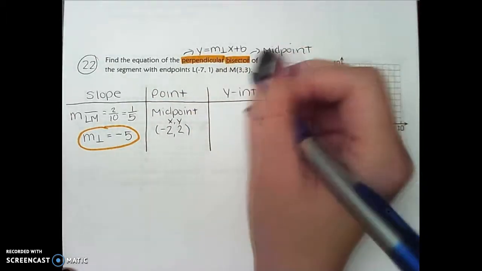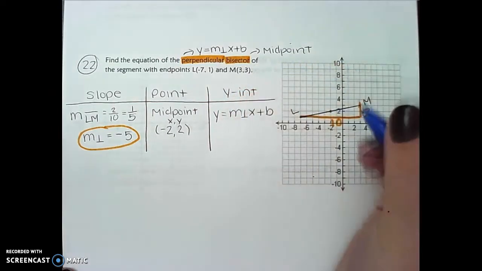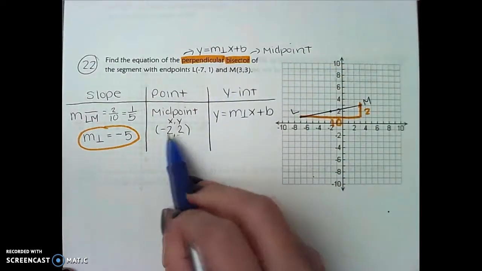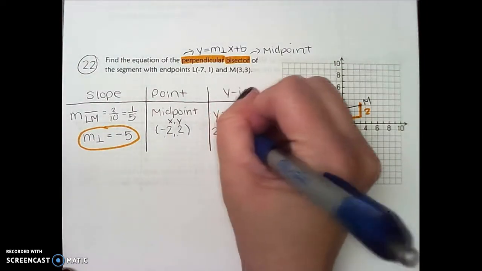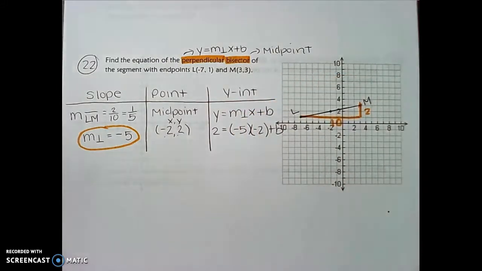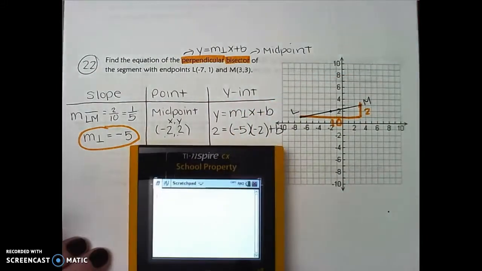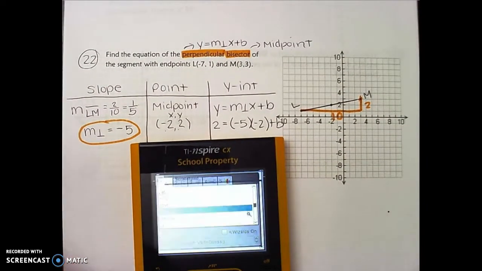Next, I'm going to find my y-intercept, so I'm going to use the equation y equals perpendicular slope x plus b, substitute in my midpoint for x and y, and substitute in my perpendicular slope. I'm going to go ahead and solve for b.